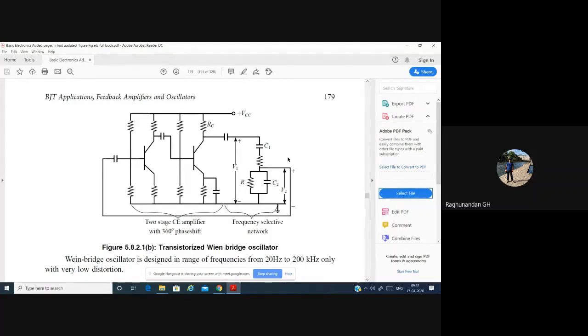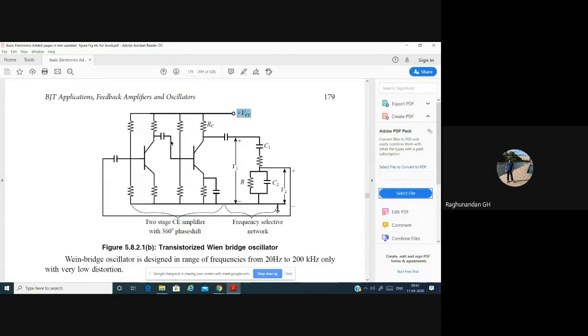When the output of this one is fed as input to this, it is going to amplify, and the output of this is fed as input to this. Meanwhile, you can observe we are using plus VCC here. So there might be a chance of this plus VCC adding up with the AC signal which is coming out.